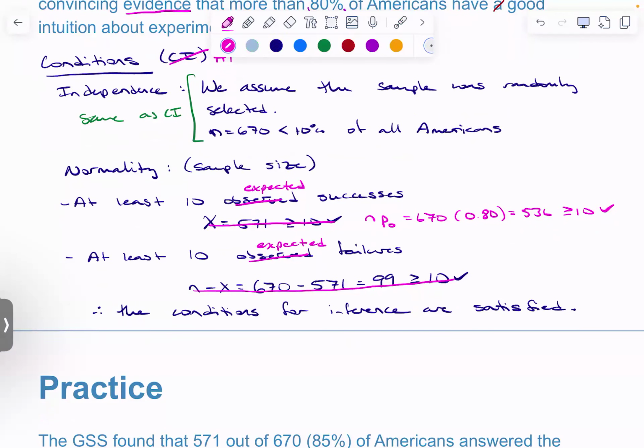And I can do the same thing, n times q naught, which is 670 times 0.2, is 134. So I'm expecting 134 failures if the null hypothesis is true. And therefore, the conditions for inference are satisfied.